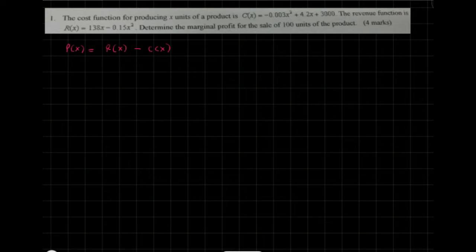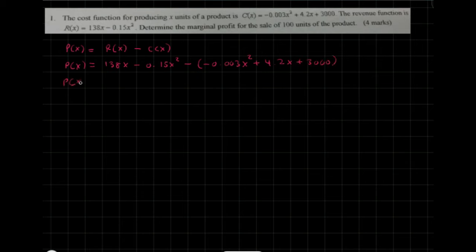So in this case, the profit function here is the revenue function minus the cost function, so it's 138x minus 0.15x squared minus C of x, which is negative 0.003x squared plus 4.2x plus 3,000.